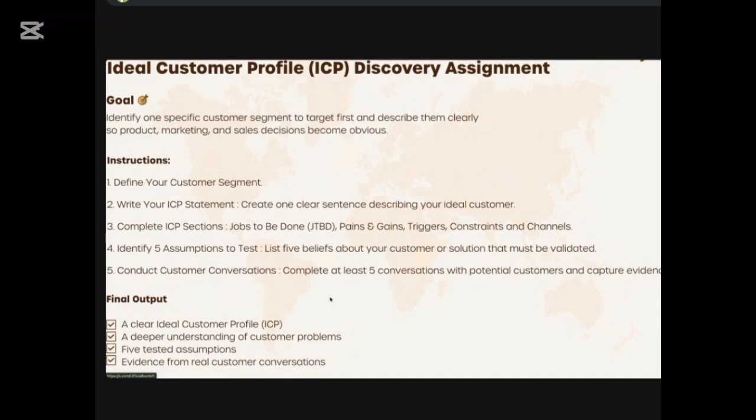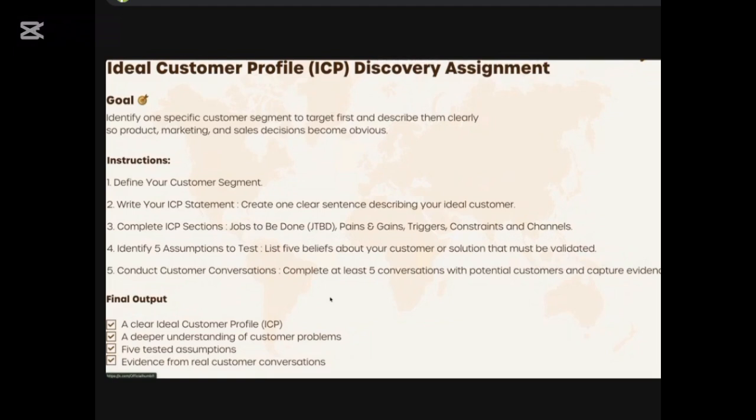At this stage, we made this video because we are starting with the first customer, the early lead that we want to convert into our actual customer. So first, we define our customer segment. Among many, you should define a simple, specific one. Write your ideal customer profile statement: one clear sentence describing your ideal customer.